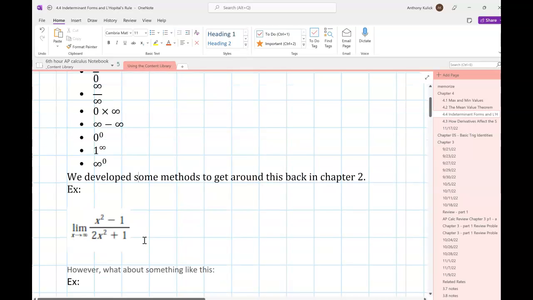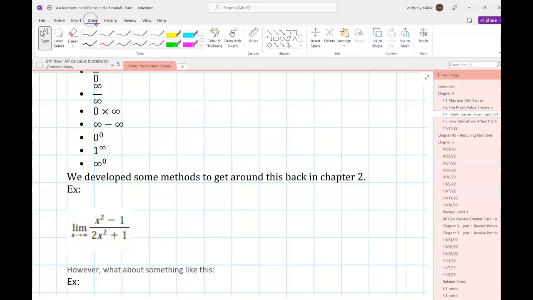So for example, if we had the limit as x approaches infinity of (x squared minus 1) over (2x squared plus 1). If we tried direct substitution, plugging infinity into the top, we get infinity, and plugging infinity into the bottom, we get infinity. So this would be infinity over infinity. One of the tricks that we saw way back in chapter 2 is to multiply the top and bottom by 1 over x squared.